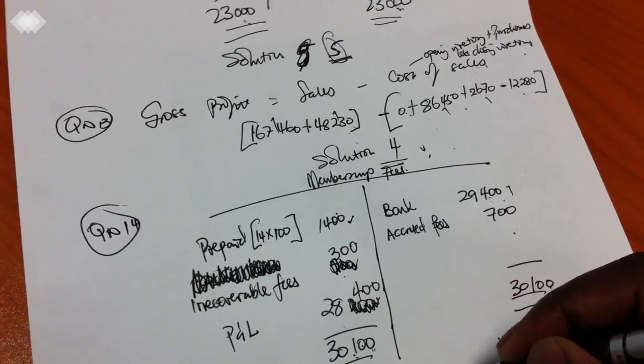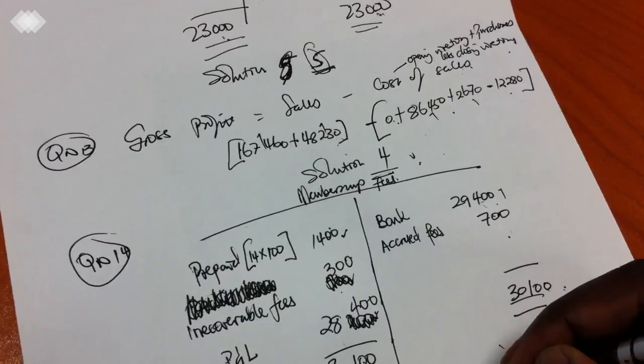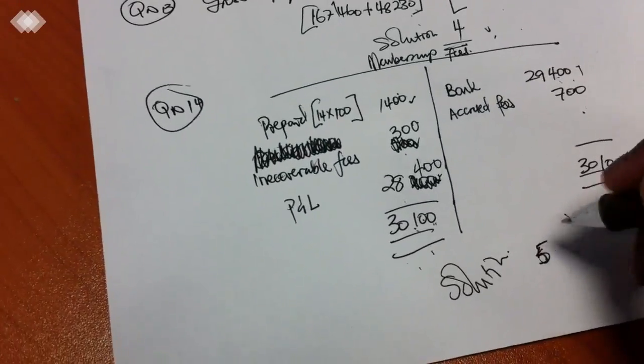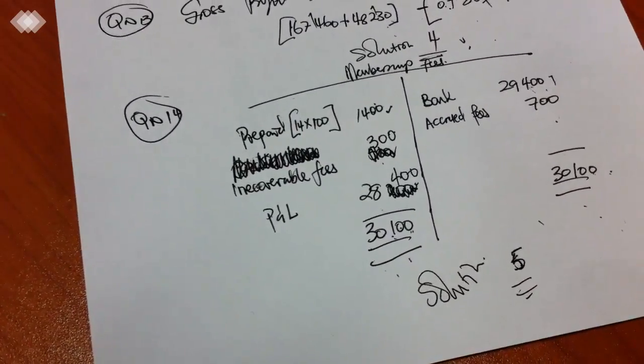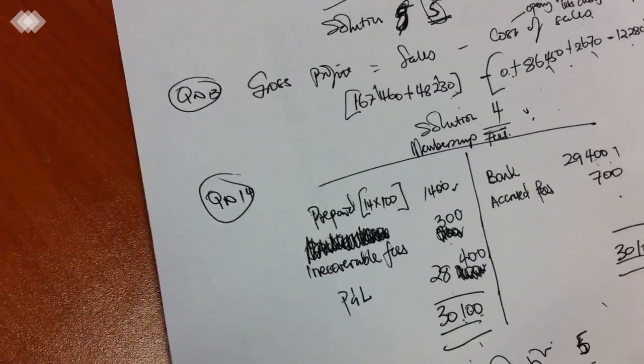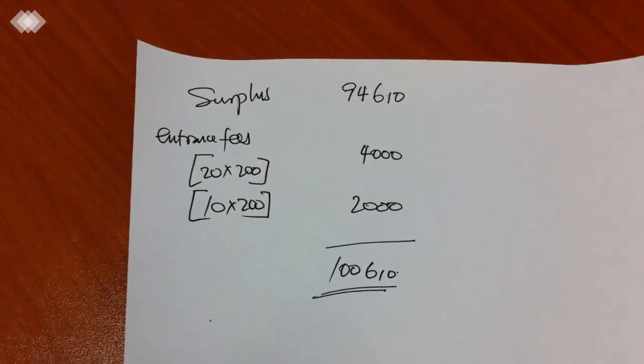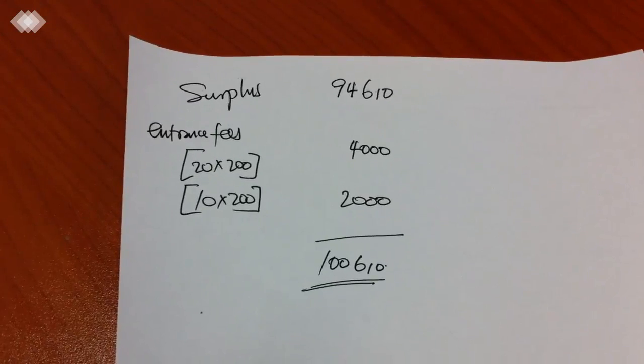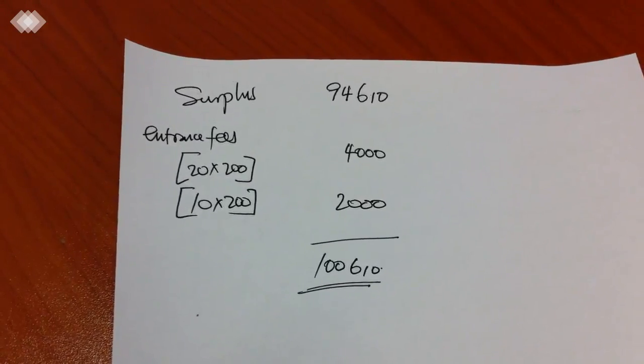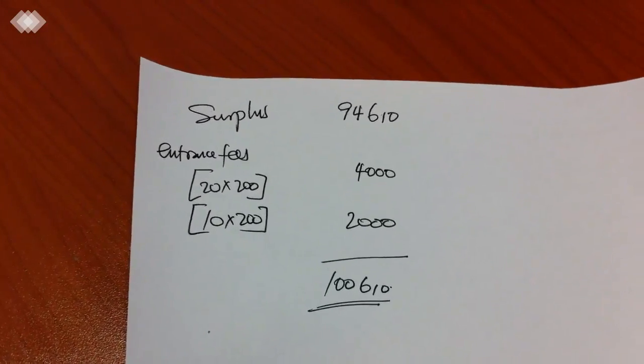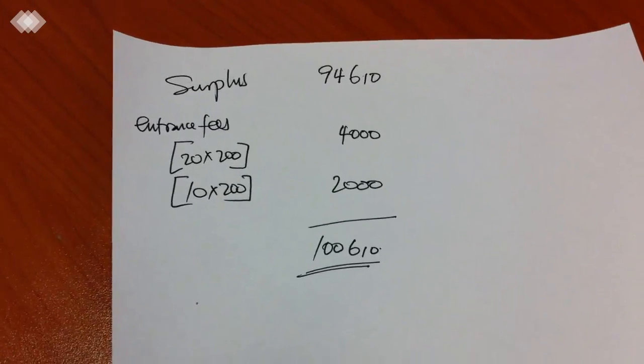So we have solution number 5 there. Then we proceed to question number 15. It requires us to have the statement of changes in equity balance. This is very simple.